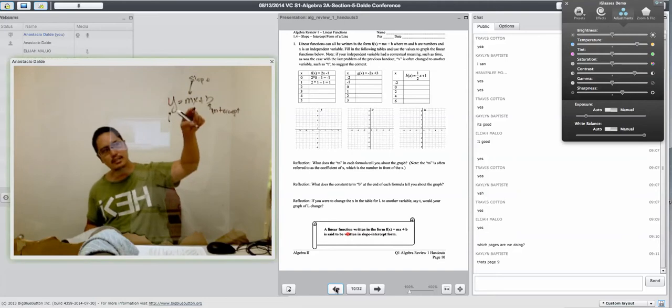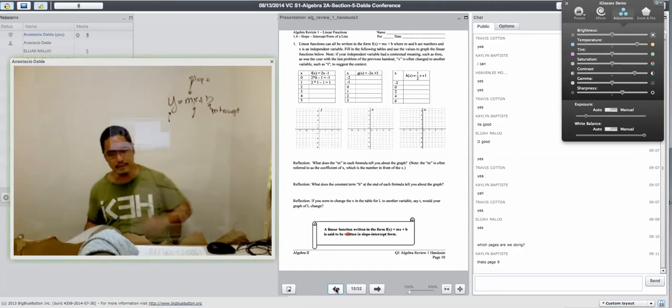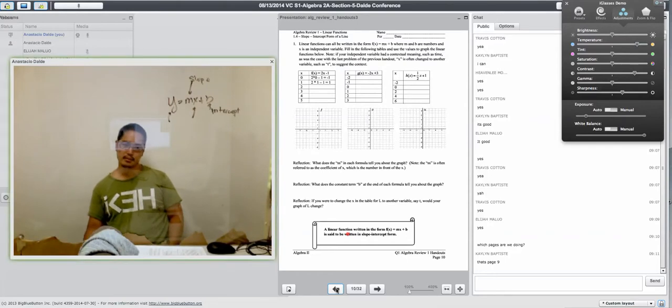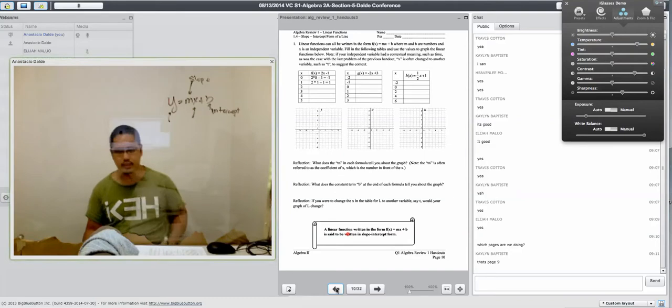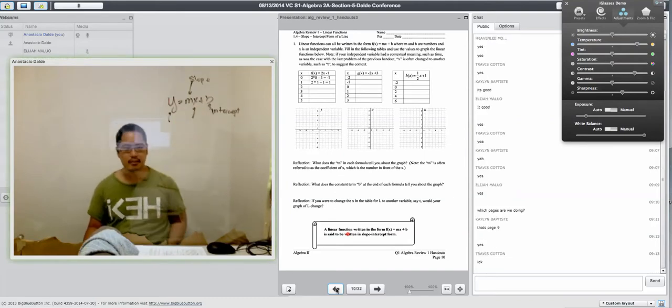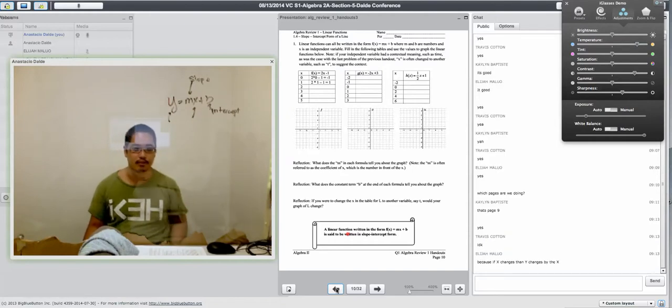Do you know why this is called the independent variable and this is called the dependent variable? I'll tell you, it's actually really easy, really straightforward to think about.